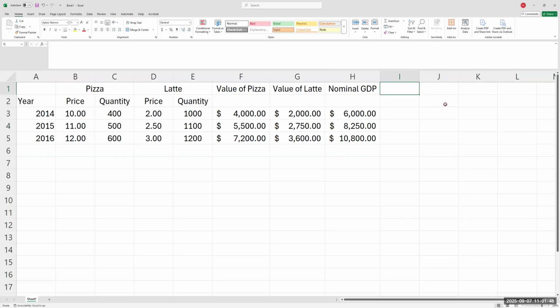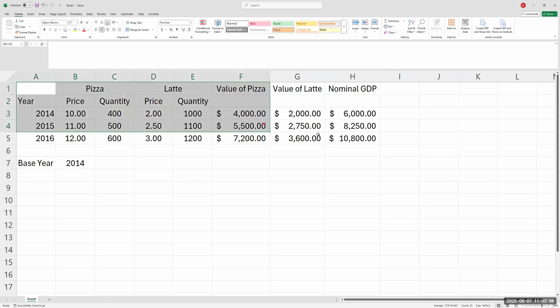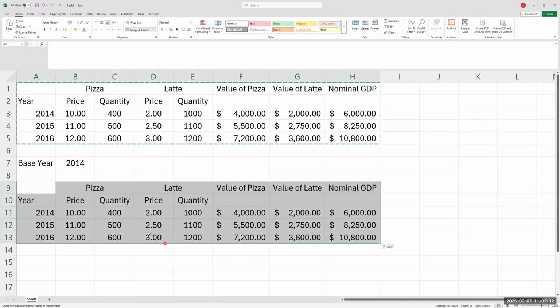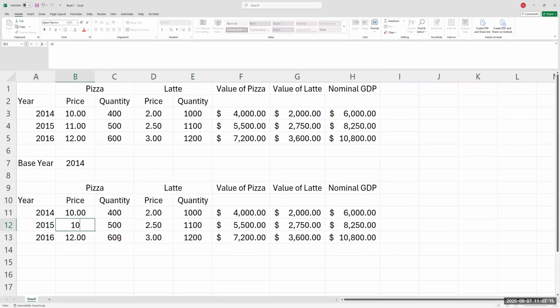In order to do that, I'm going to choose a base year. Let's say the base year is 2014, so we're going to use 2014 prices to calculate real GDP. I'm going to copy this table, create it down here, and change all the prices to $10, $10, $2, $2.